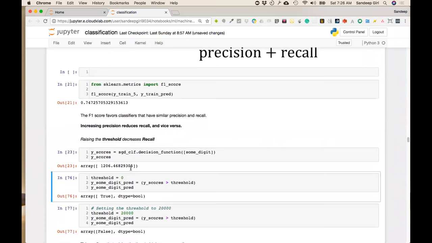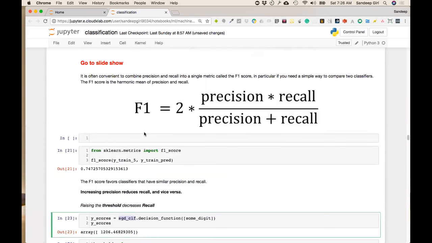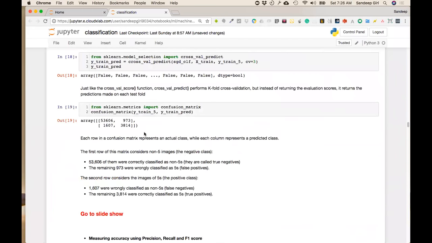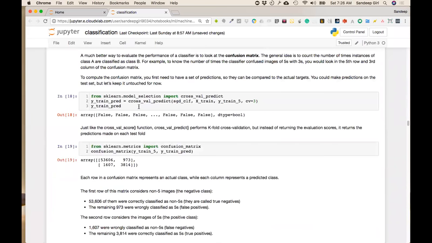So let's say this is our classifier, and we have already run fit here above. Let me just show you.